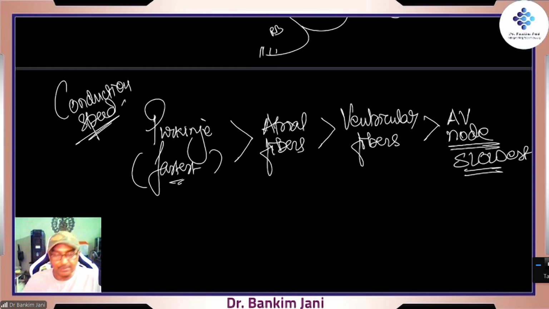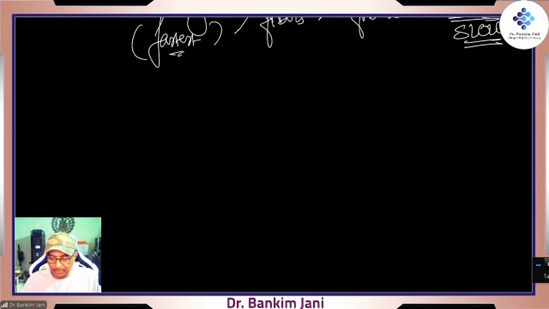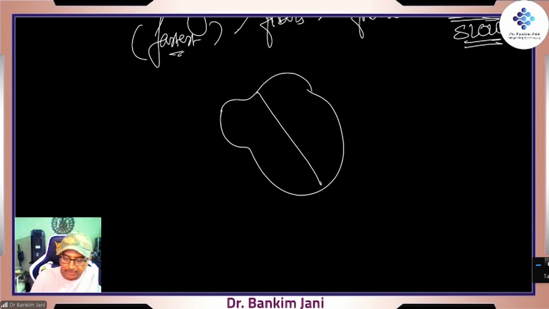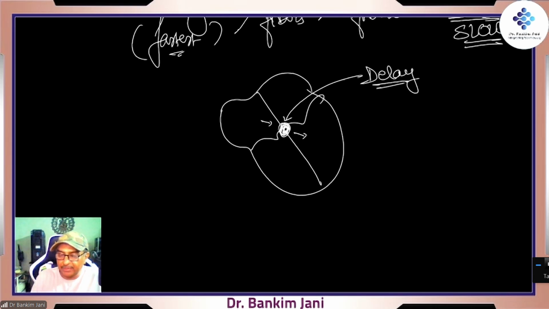And you know the reason why the AV node is slowest. As we saw over here, this is the only junction, the only electrical window through which signals can pass from the upper heart to the lower heart. Because it is slow, it imposes a delay. It is that delay which is actually the filling phase, when the blood gets filled into the ventricle.